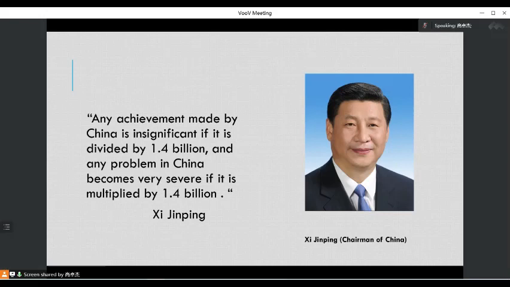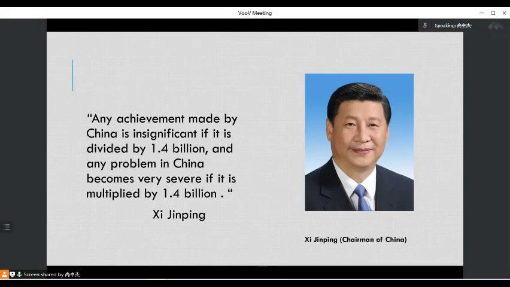He is the chairman of China, Xi Jinping. We call him in Chinese 习主席. 主席, chairman. Xi Jinping, China's chairman, just like president, but not the president, because the policies are different.